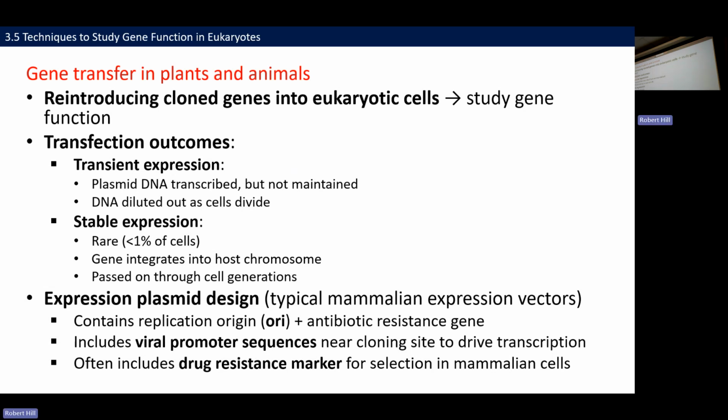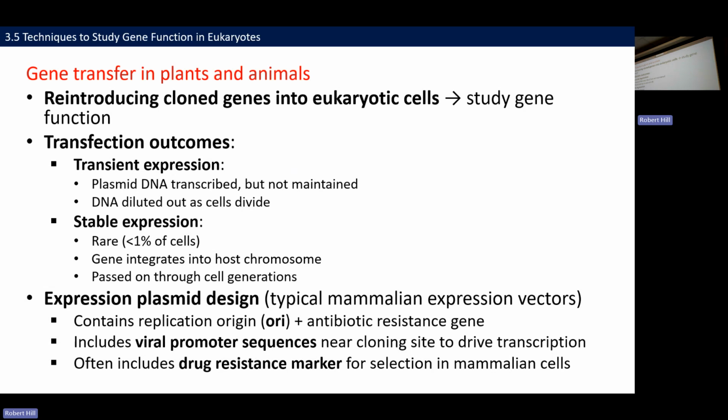So, transcription typically occurs where? In the nucleus, right? So these things can go in and out, but they're predominantly in the cytoplasm. And so you get relatively low expression, and it doesn't last over generations because as that cell divides, you start to lose the plasmids over successive generations.